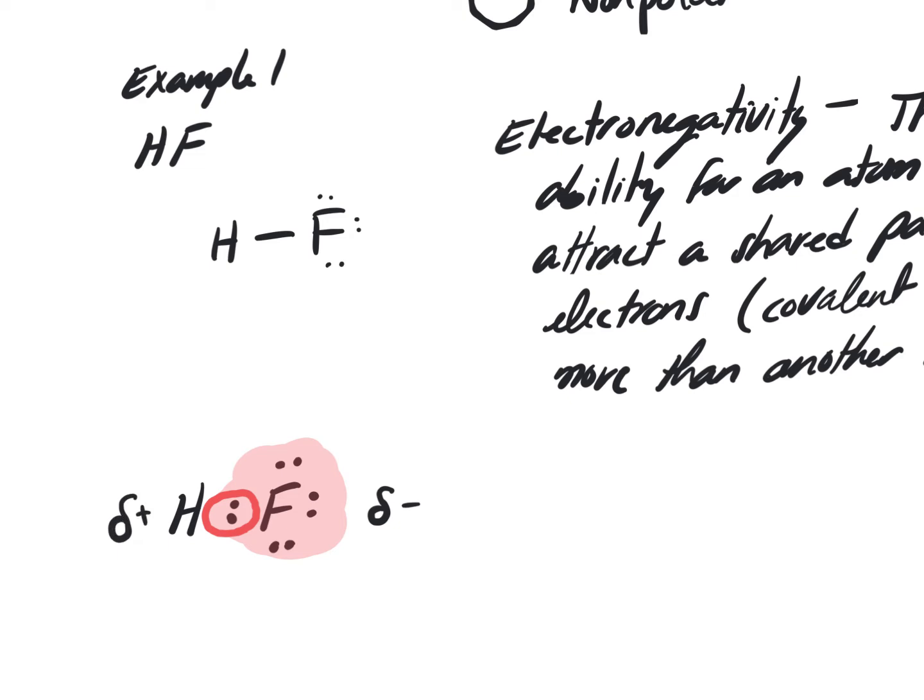I'm using that delta negative to show that this side of the molecule is slightly more negative. It's got polarity. One side of the molecule is different than the other side of the molecule. One side of the molecule is a little bit more negative than the other side.